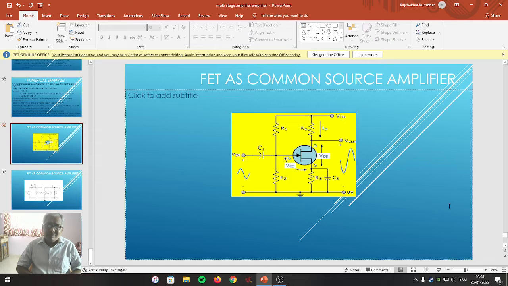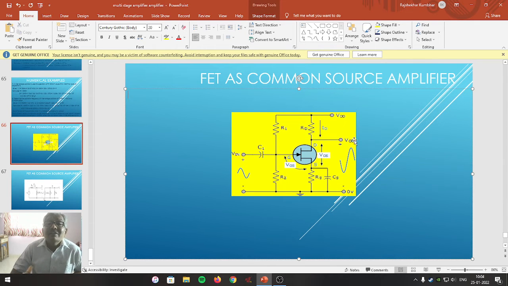Friends, such a FET as a common source amplifier circuitry is represented here. So this is the amplifier circuitry in which we are using FET as a common source. Students, this blue colored solid state device is FET.